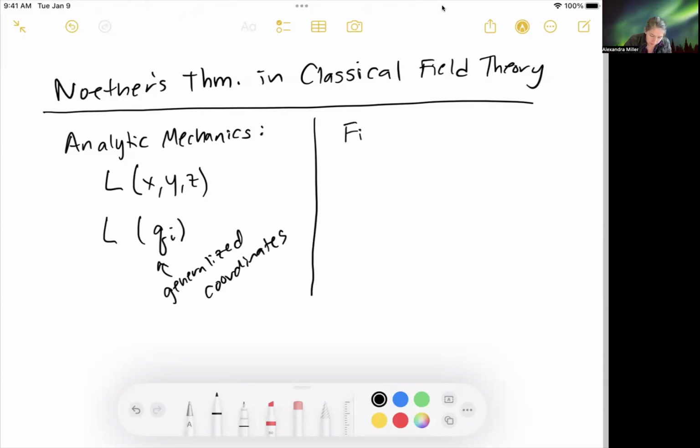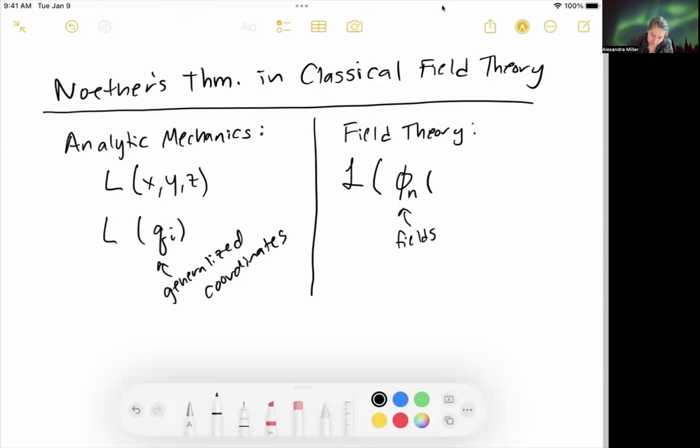So in field theory, now our Lagrangian, which again, we think about our Lagrangian density actually, is now a function of some fields, phi sub n maybe. So these are some fields. And here I'm just thinking about scalar fields, but ultimately we can think about more complicated types of fields, but for now we'll just think of scalar fields.